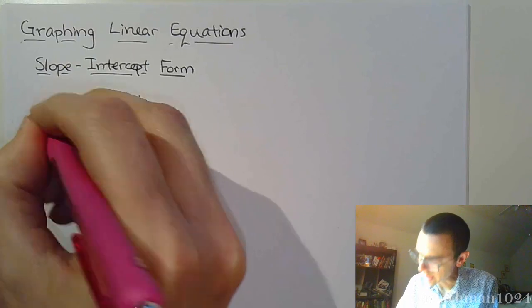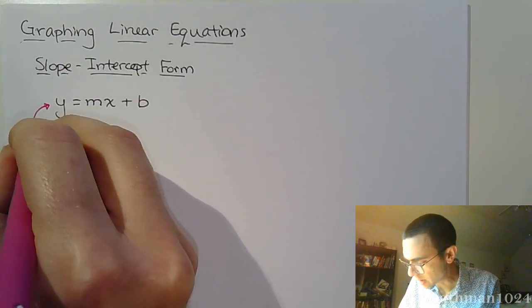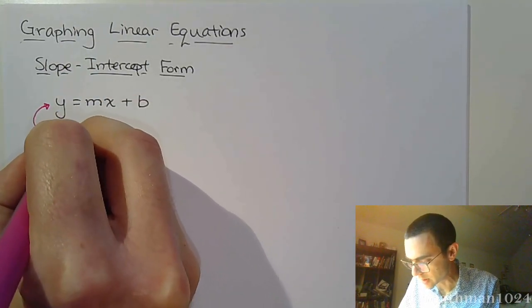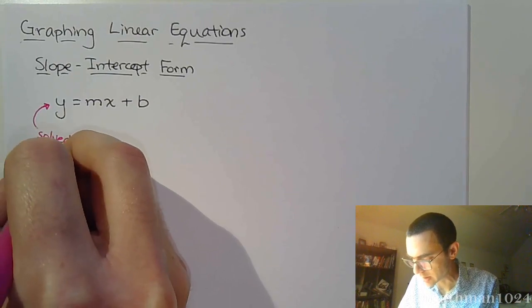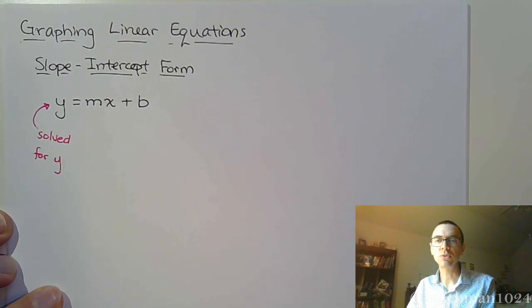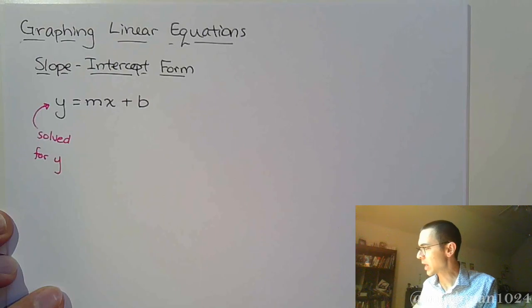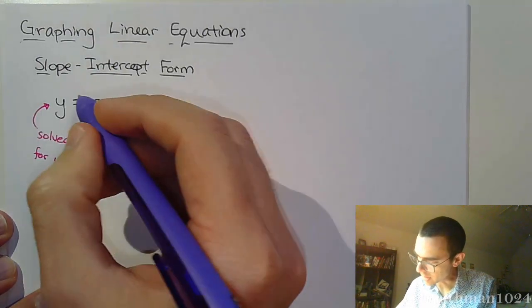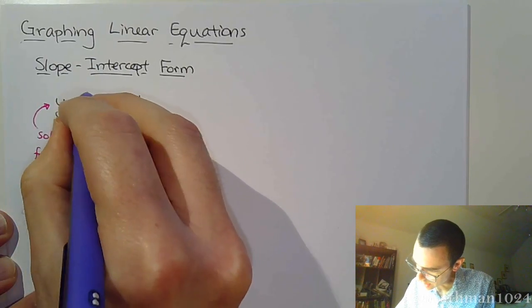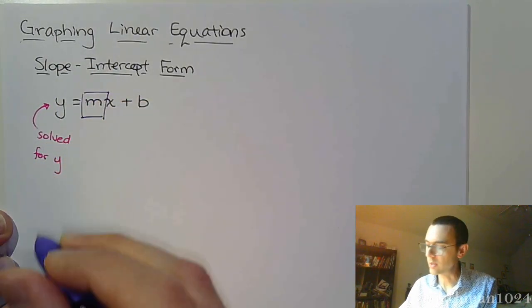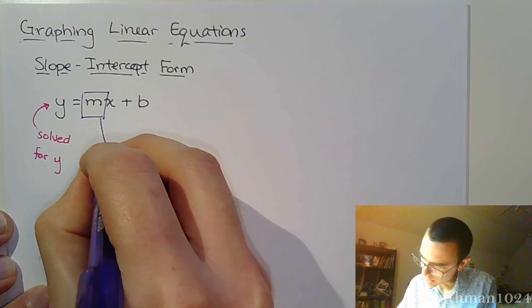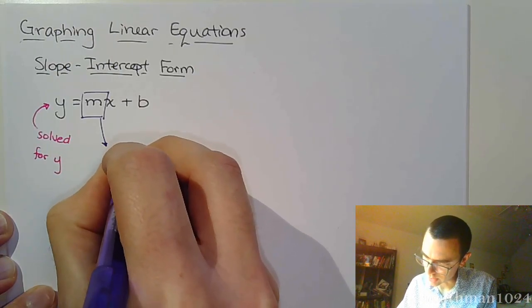First of all, this is an equation that is already solved for y. If we have that, we can pick off this coefficient right here, the one that's connected to the x, and this becomes our slope.